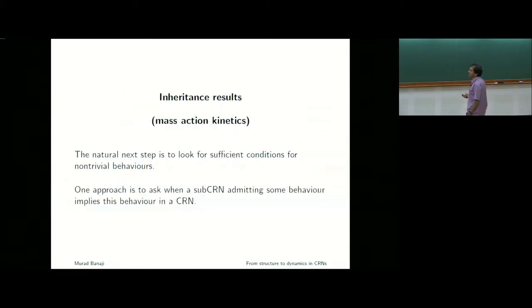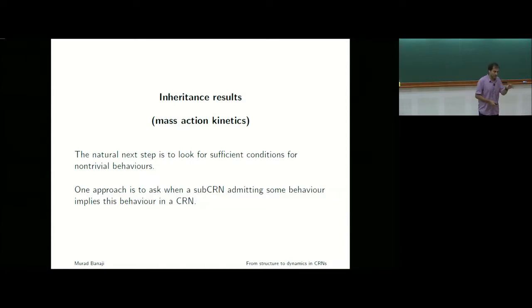So I'll give you some examples of results which look like that, but I'm going to focus in particular on a class of results which I find philosophically appealing and which I started to work on for that reason, which is results where you look at a network and you find an interesting subnetwork in some sense, and you know something about this subnetwork, and then you want to say, because I know something about this subnetwork, consequently this whole network must have this behavior.